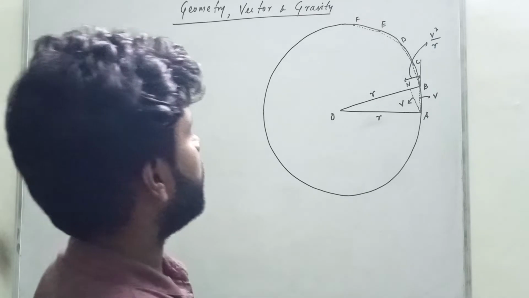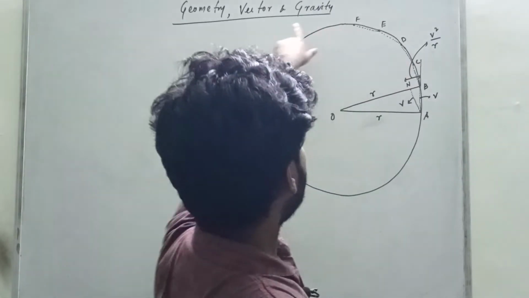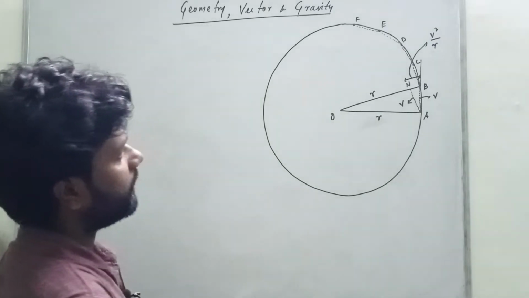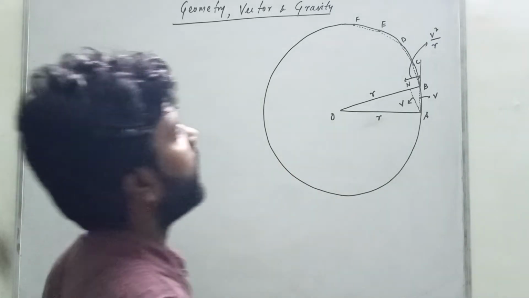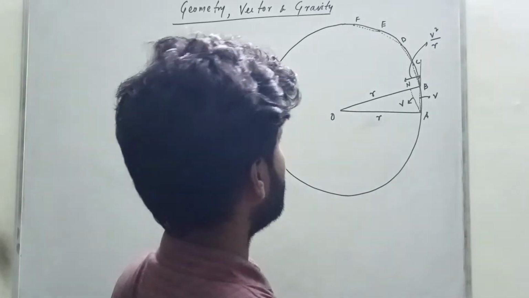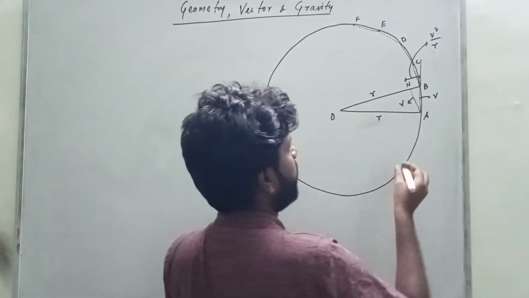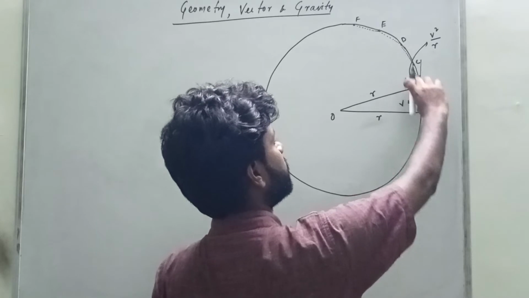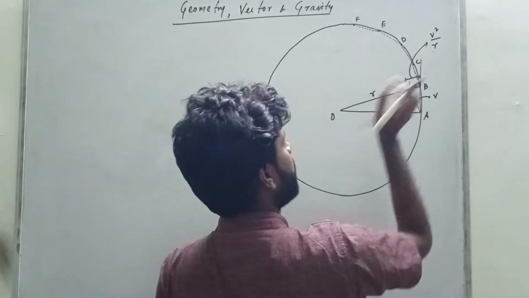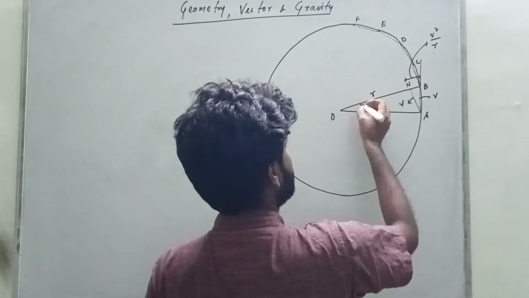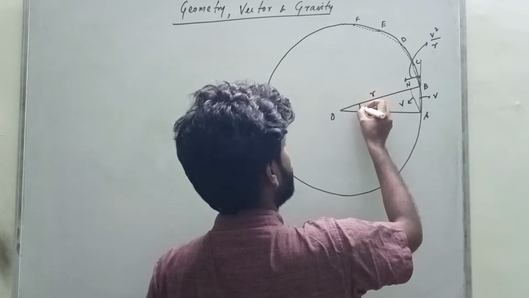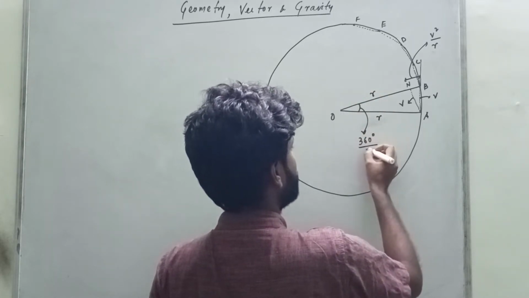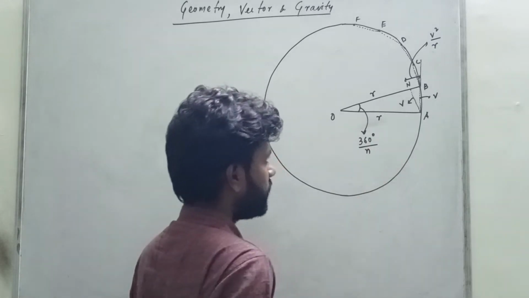So if there is a circle of radius r, and if I inscribe an n-sided polygon here, and the length of each of the sides is v, then the angle is 360 degrees by n, because it is an n-sided polygon.